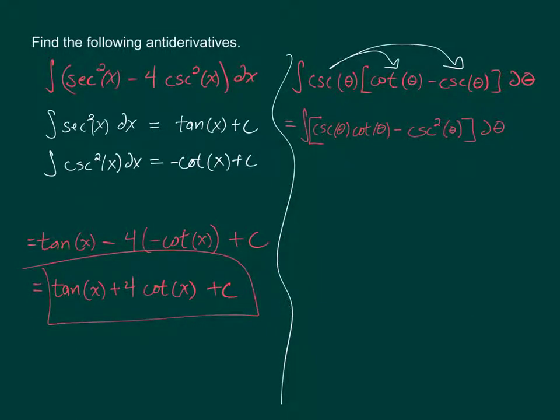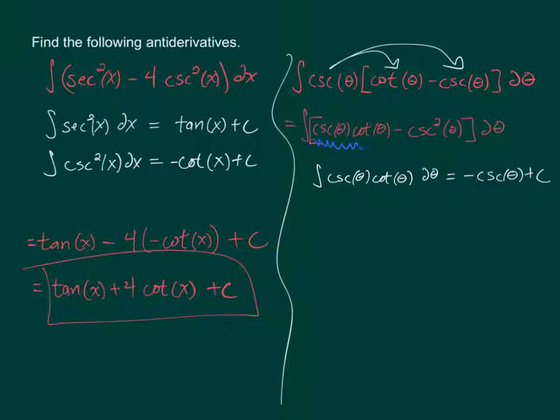From here, you should recall that the antiderivative of cosecant theta cotangent theta d theta is equal to negative cosecant theta plus c, and that the antiderivative for cosecant squared is over here already in this example. So now we can take the antiderivative of each term.